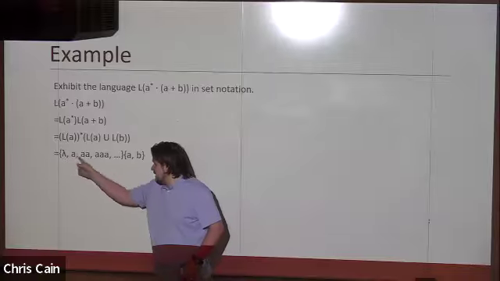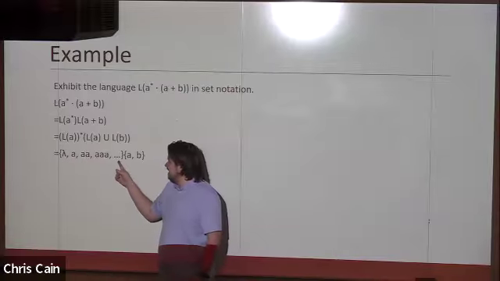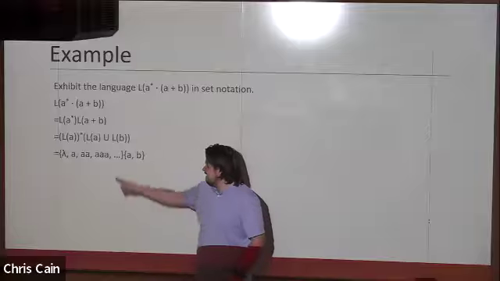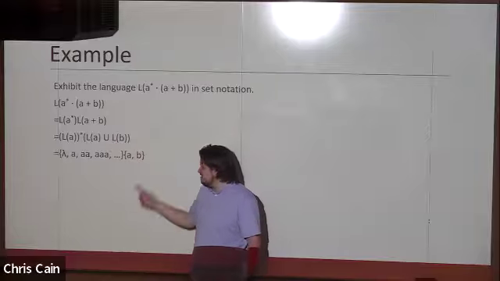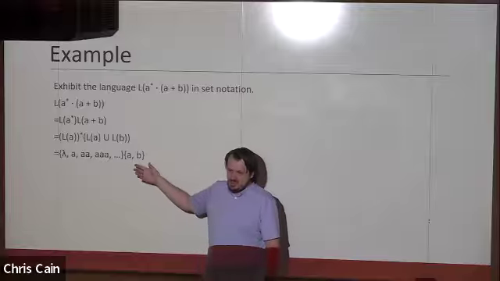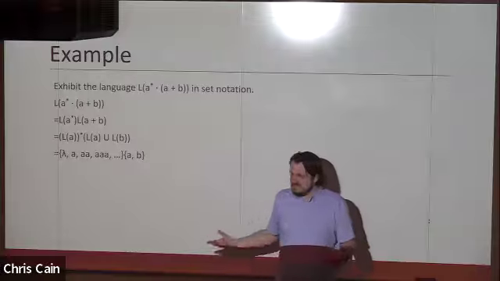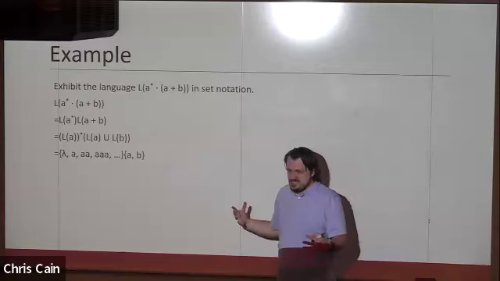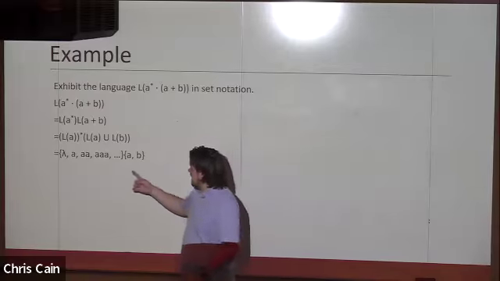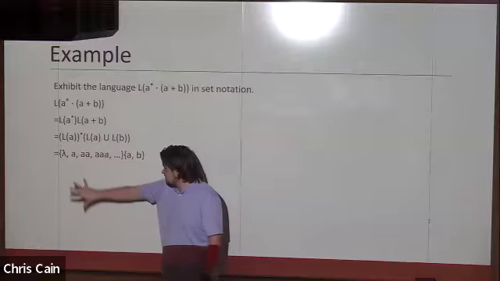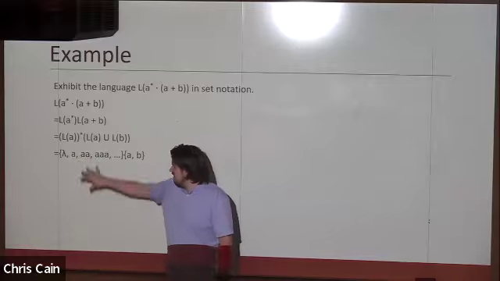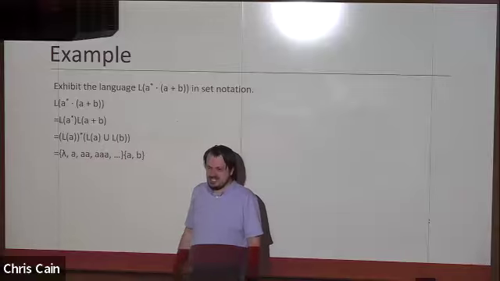So here is the left-hand side, here is the right-hand side. The language that is just A union the language that is just B is just the set that contains two elements, A and B. And this now allows us to put this together to say, well, if this is just concatenation, then the entire language defined here is just something on the left-hand side concatenated with something on the right-hand side.